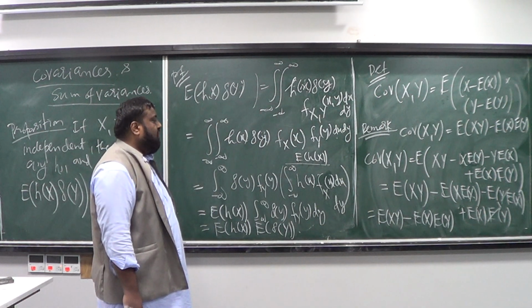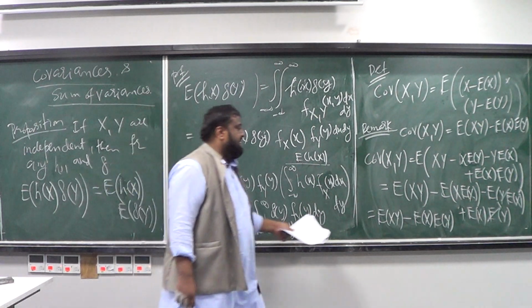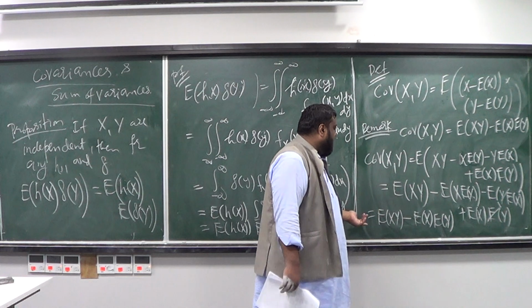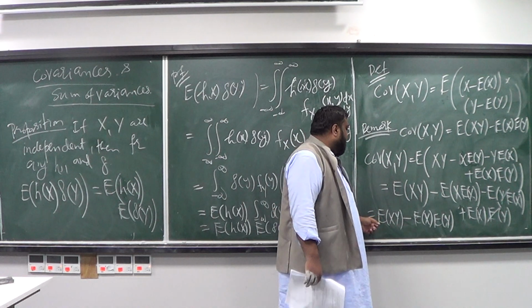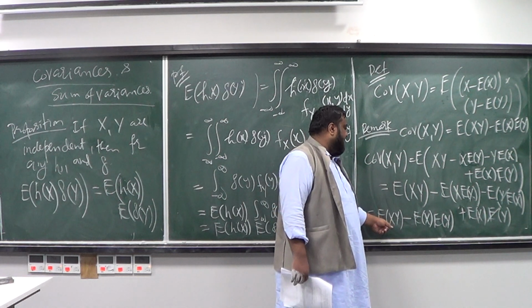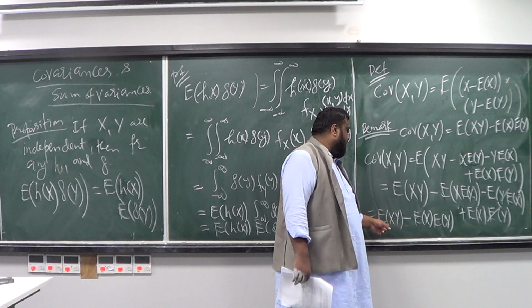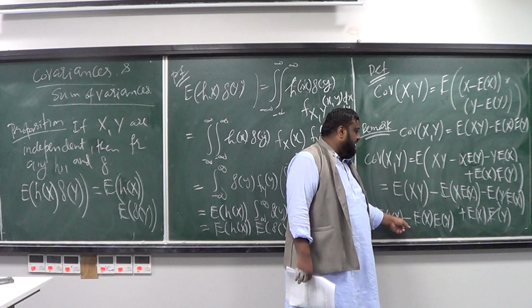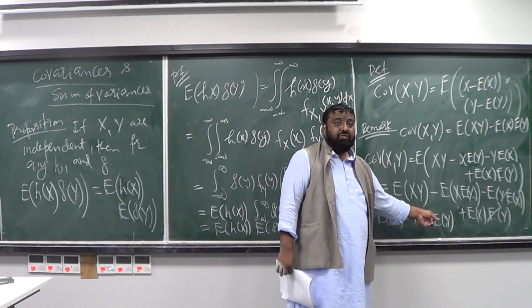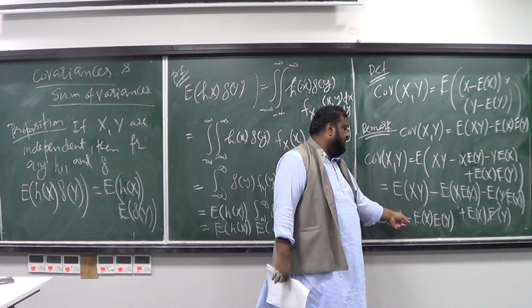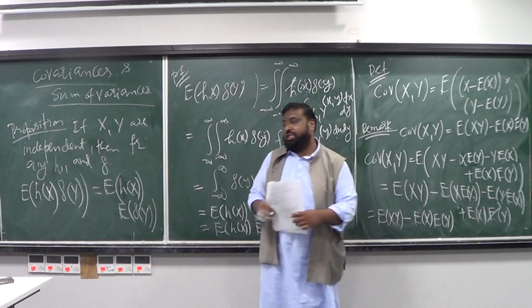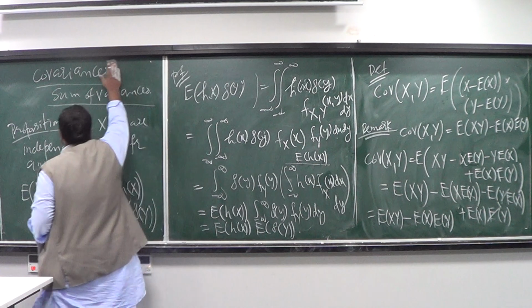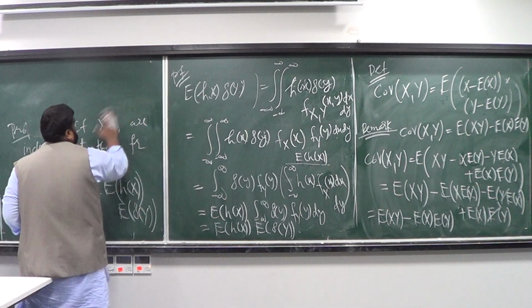So you can also treat this as the definition: the covariance of x and y tells you how much the expectation of the product differs from the product of expectations. So these are some of the basic properties.